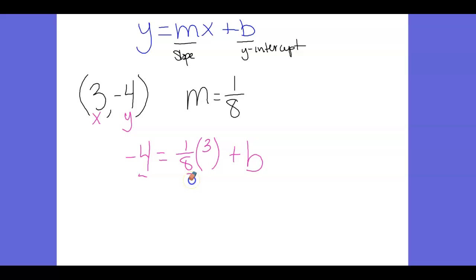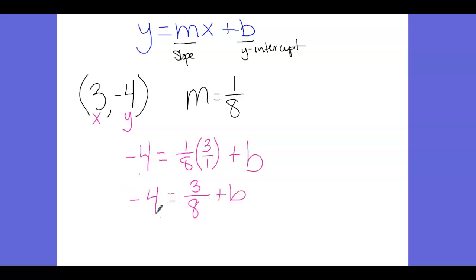No. The reason why I wrote it like this is because when I multiply fractions, remember you multiply straight across? So 1 times 3 would be 3 over 8 times 1 would be 8. So I'm going to leave it as a fraction. And then I would have plus b equals -4.